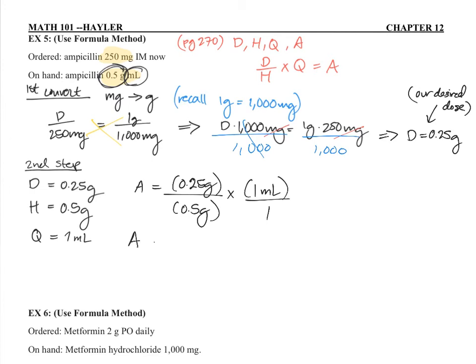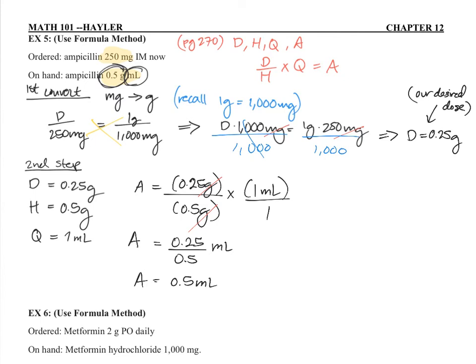So first let's cancel the common units, the grams, and milliliters is the leftover. And then we have 0.25 divided by 0.5 milliliters, which is going to end up being A equals 0.5 milliliters.